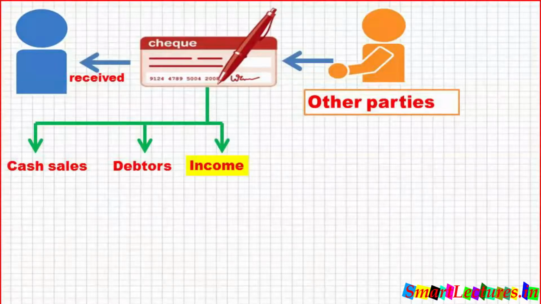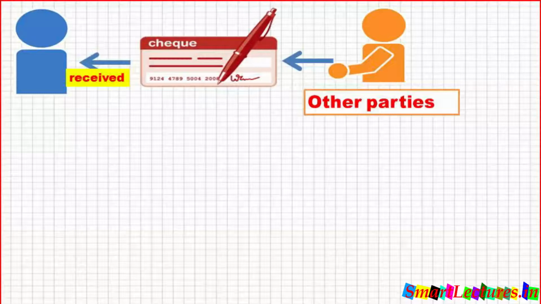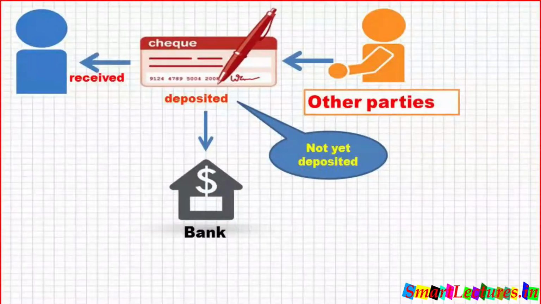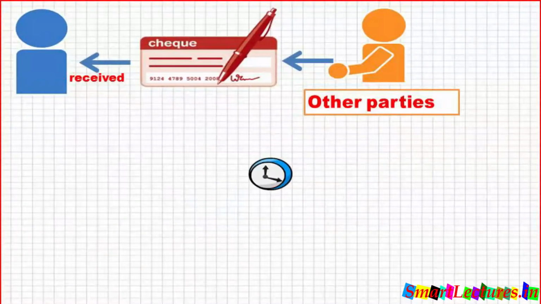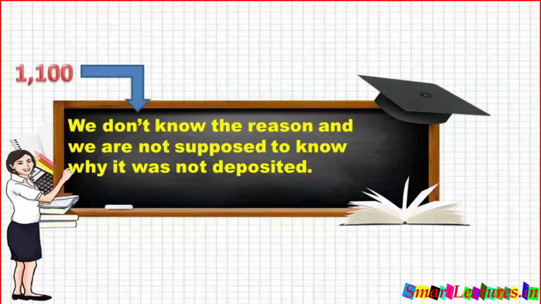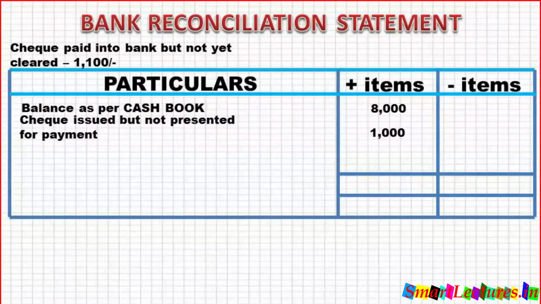The only thing is we have received a check and paid it into the bank, meaning we deposited the check into the bank, but it is not yet cleared. Sometimes it takes time to get the funds from the bank. So 1100, we don't know the reason and we are not supposed to know why. We are preparing the bank reconciliation statement.